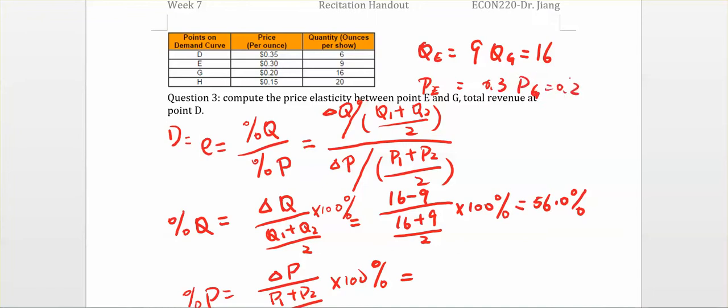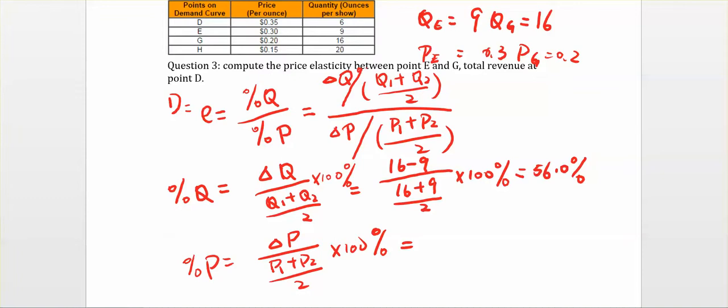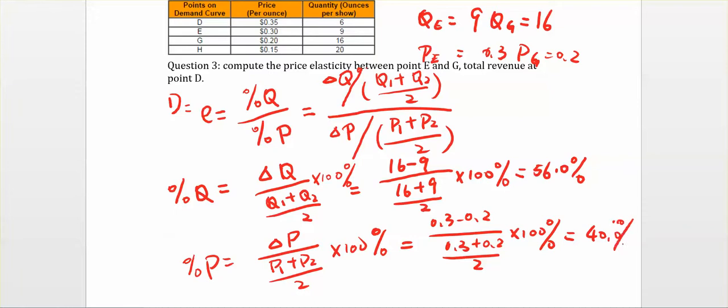So plugging into our formula, the numerator is 0.3 minus 0.2 divided by 0.3 plus 0.2 divided by 2, times 100%. Then you use a calculator and you should get 40%.